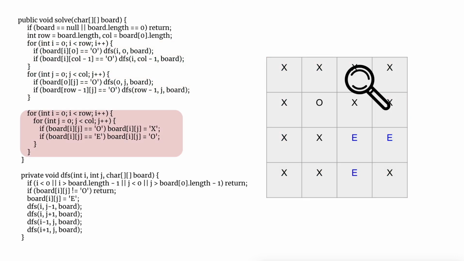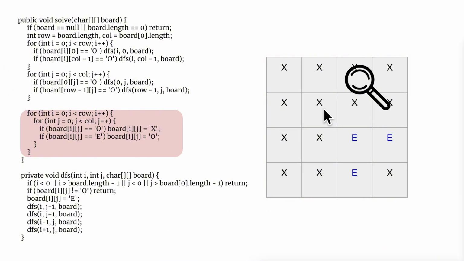At the end, we use 2 for loops to examine each position on this matrix board. If we find O, it indicates that Army O soldier cannot escape from that position.